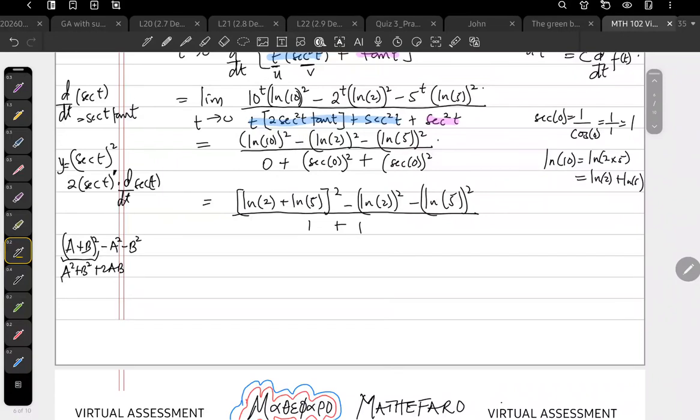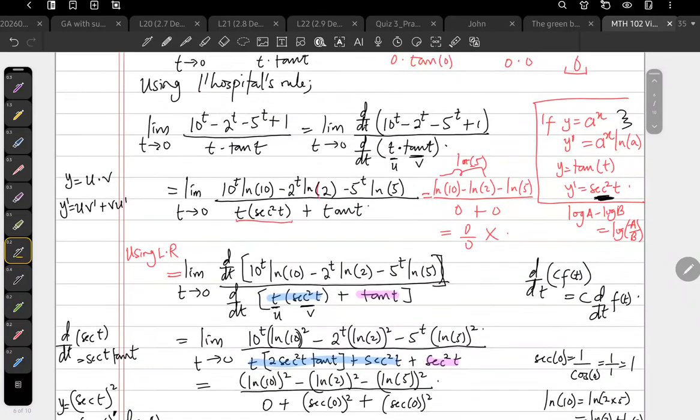So if we subtract a squared and b squared, those cancel out, and we are left with 2ab. That means our numerator here is going to be 2 natural log of 2 times natural log of 5, divided by 2. So the 2 cancels out, and we are left with natural log of 2 times natural log of 5 as the answer to the limit question.